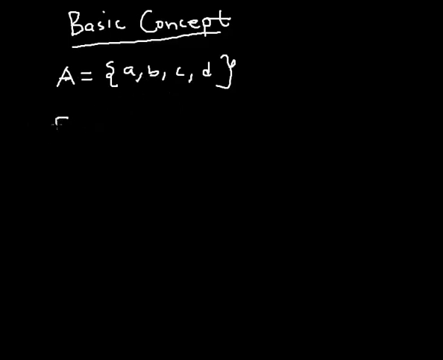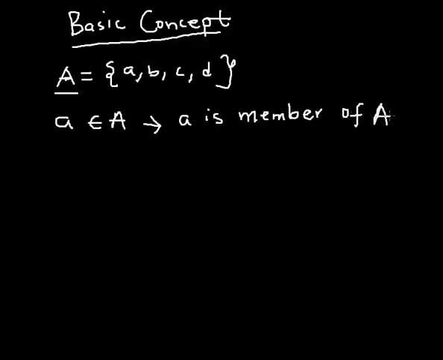So I can use this symbol. Small letter a is a member, or an element, of A. This represents that a is a member or an element of set A, so please take note of that.